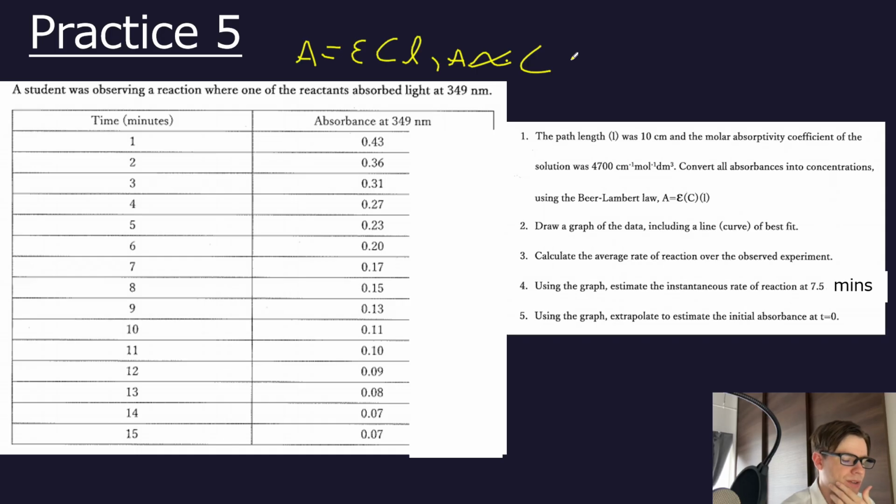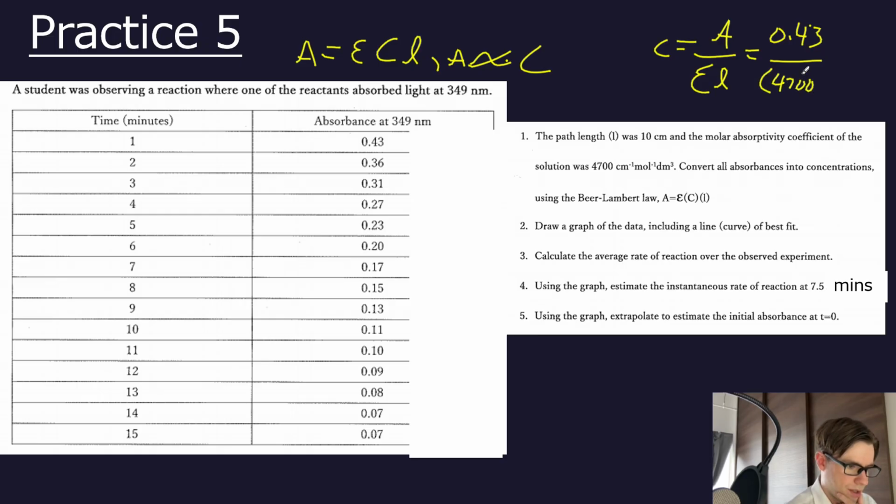Now, step 1 says convert all absorbances into concentration. You can do that, I think, fairly easily. Do something like C equals A over epsilon L. So if we just do the first one here, 0.43 absorbance units. Absorbance is a kind of unitless quantity usually. Divided by epsilon, that's 4,700 centimeters minus 1, mole minus 1, decimeter cubed.